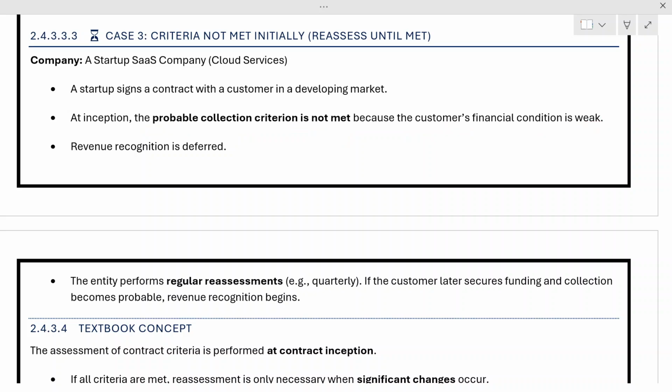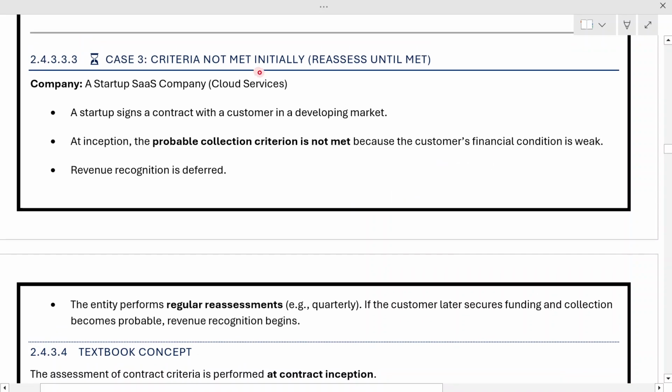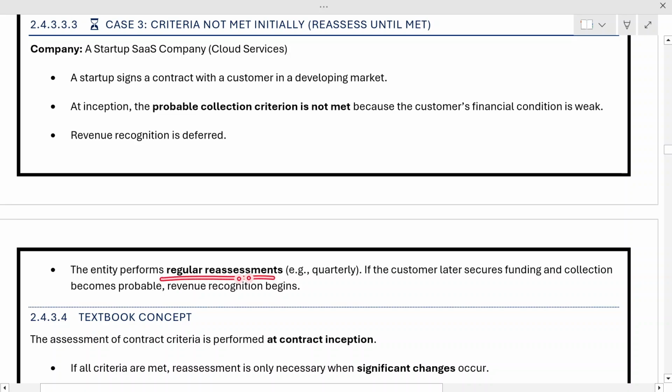So basically, if the customer is not able to pay initially, then the company providing the services won't recognize the revenue, because even if they recognize the revenue, they may have to recognize bad debt as well, because they won't be receiving their money. So in case they are unable to satisfy all the criteria initially, they will be doing regular reassessments.